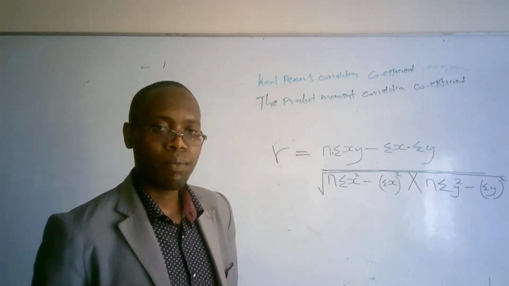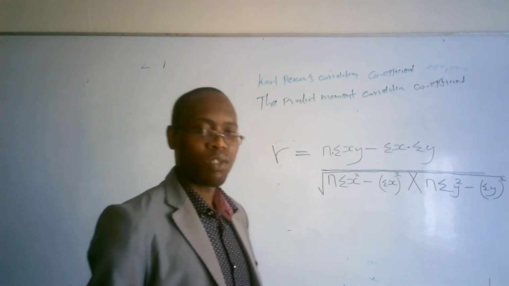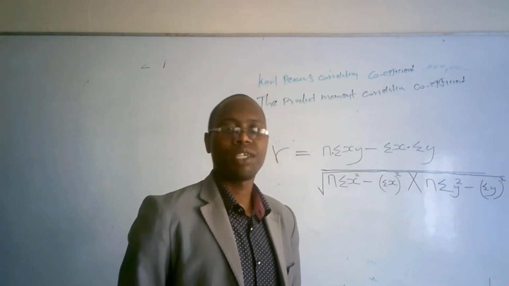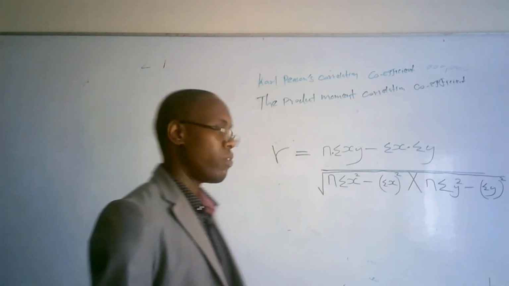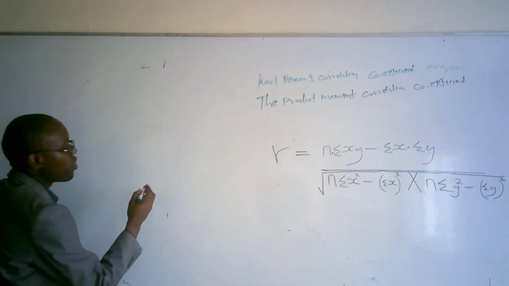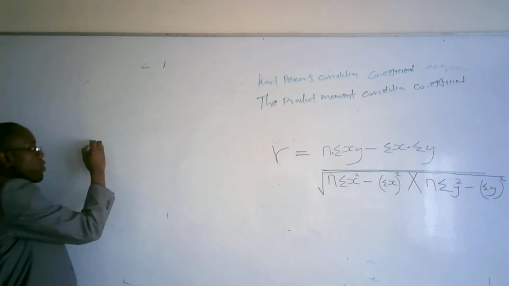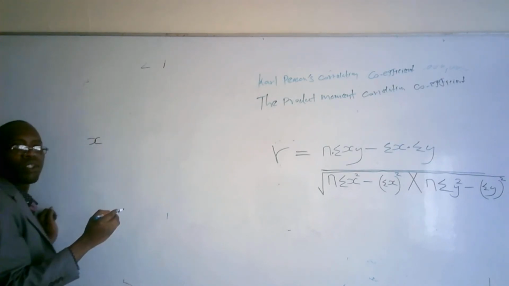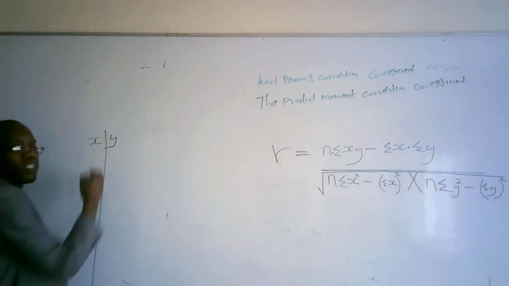So even in terms of calculating the tables, when we are given the tables, we are going to see it's more of the same, but we are going to add the y squared only. In the sense that, you can be given a question like this. You are going to be given the two variables, x and y.